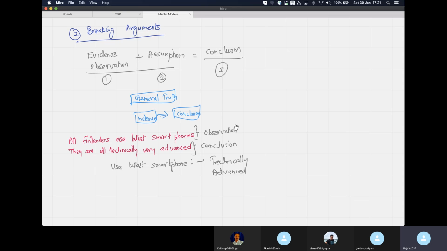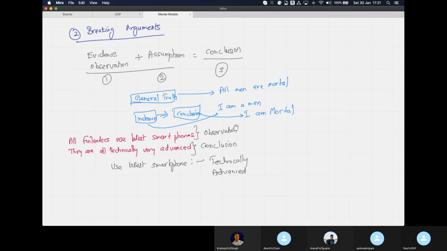If you look at an example, we will understand this clearly. The famous example in philosophy is: all men are mortal. This is the general truth. I am a man is an observation. And the conclusion I can derive from this is I am mortal.